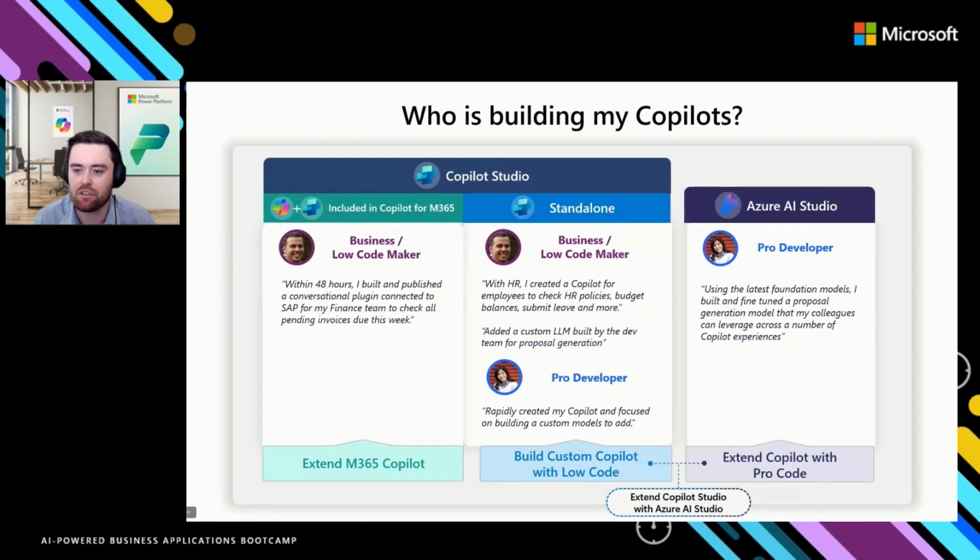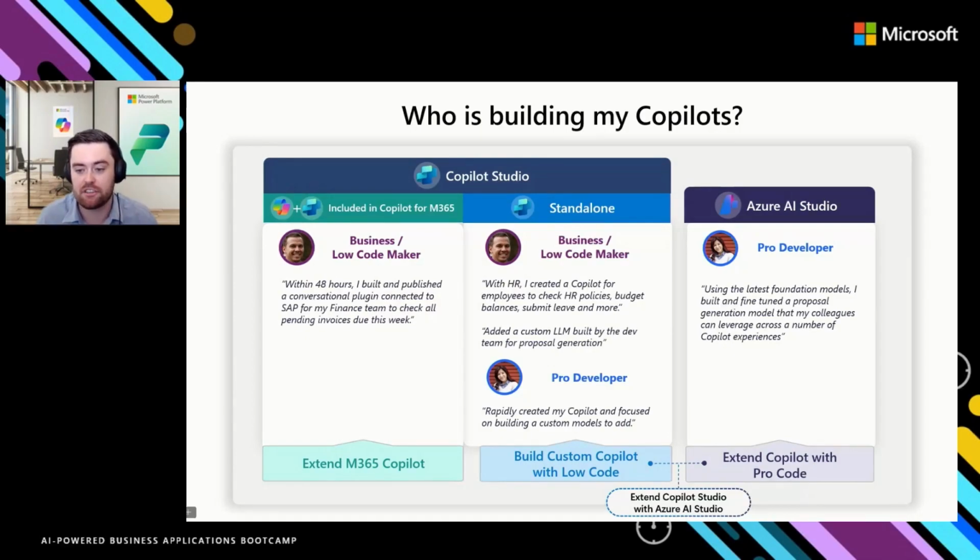Low-code makers can also create employee and customer-facing copilots, and then when they've hit the limits of the SaaS capabilities for that specific or nuanced scenario, they can lean on their professional development teams to develop that powerful custom model in Azure AI Studio to address that specific business requirement. The business and low-code makers then can plug that model into their copilots in Copilot Studio and continue building.